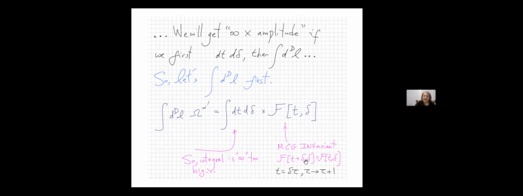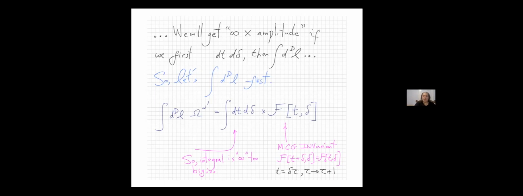So this guy is just invariant. f of t plus delta is just equal to f of t. If I write this little t as delta times tau, it's just that tau goes to tau plus 1, all right? And so that's why this integral is infinitely too big for the stupid reason that this thing is just invariant under tau goes to tau plus 1, but I'm integrating over all tau. But this is the standard thing that we deal with all the time when we do worldsheet integrals or even much more trivial things. Here we should just integrate over a fundamental domain and not overcount.